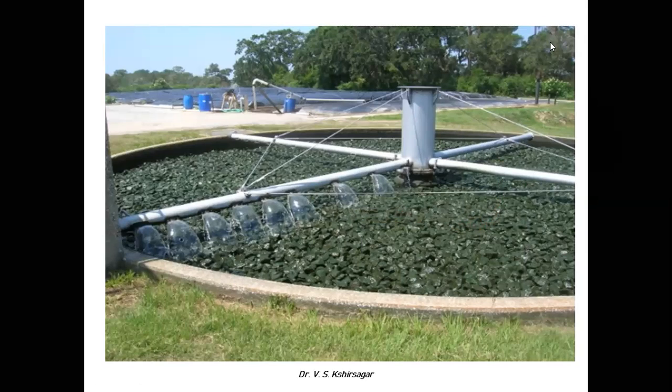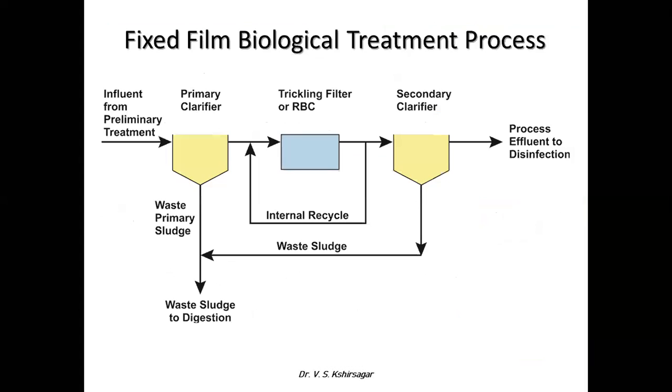Here we can go for circular motion and give a particular RPM, and it will keep on rotating with that RPM. Uniform spreading of sewage at the surface of the filter media will be performed if it is designed circular in shape. So that's why we prefer the circular type of trickling filter.